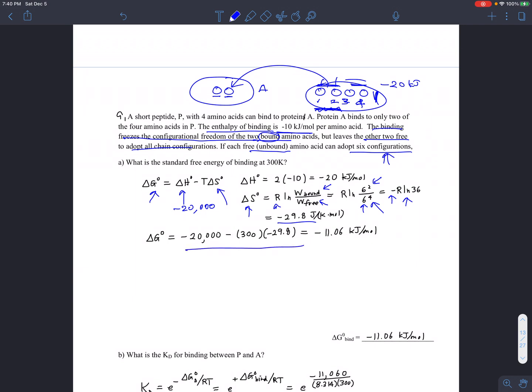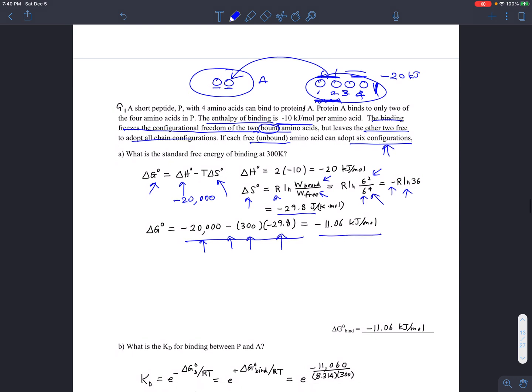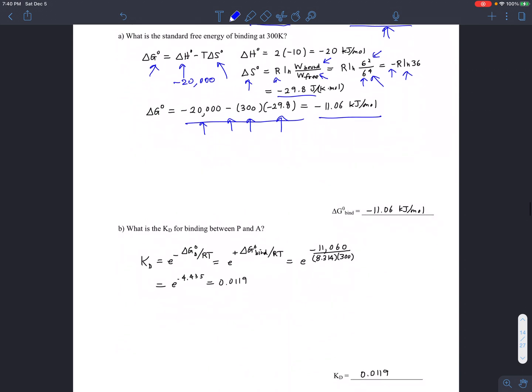So plugging the numbers in, minus 20 minus T, which is 300, times R delta S gives minus 11.06 kilojoules per mole.